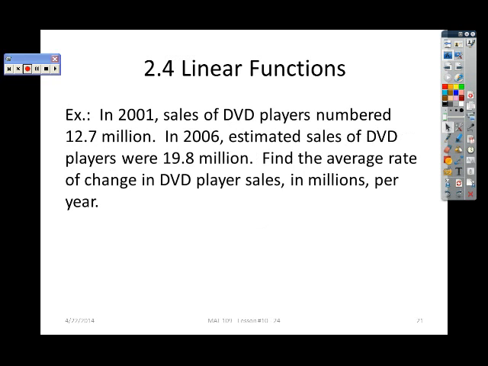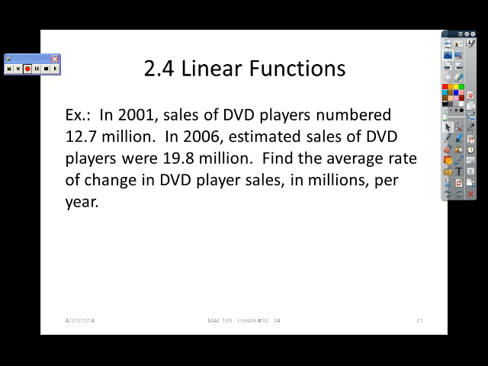Here's an example where we're going to estimate that average rate of change from some data. So this is the setup, DVD players. And you can pretty well be assured that the change going 2001, 2002, etc., up to 2006 would not have been a nice, accurate straight line.